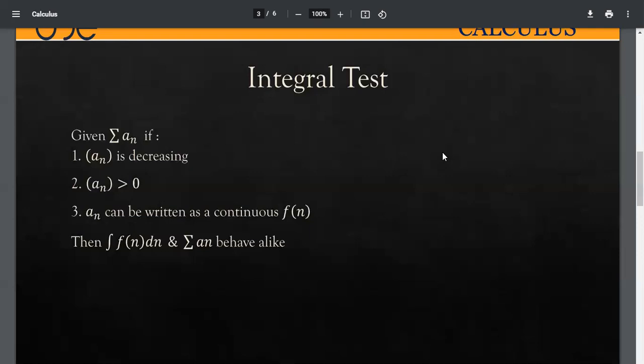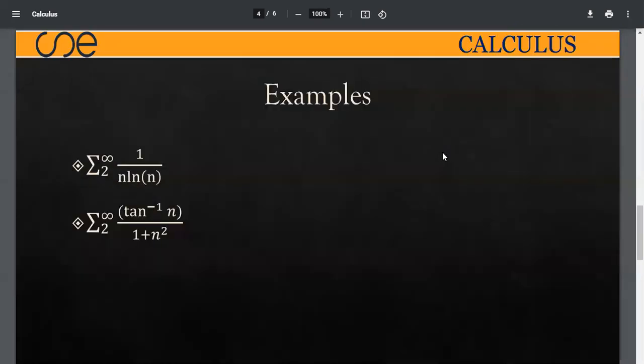This comes from the fact that the integral is the sum of rectangles, as well as the series, which is the sum of terms. So yes, this is the integral test. All three conditions must be satisfied in order to use it.